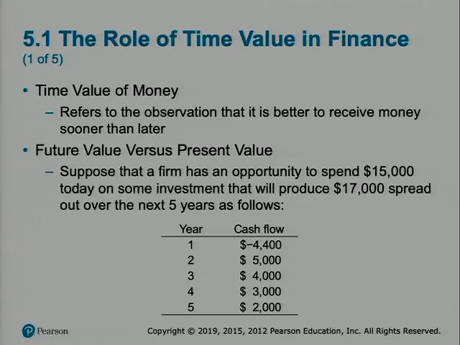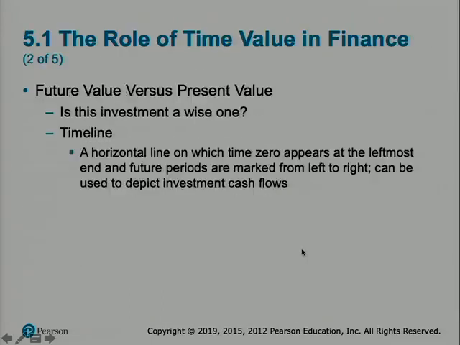Yeah, these are the cash flows. I'm not exactly sure, they don't quite add up to 17. All right, I'm going to move forward because these are not the right numbers for that problem.